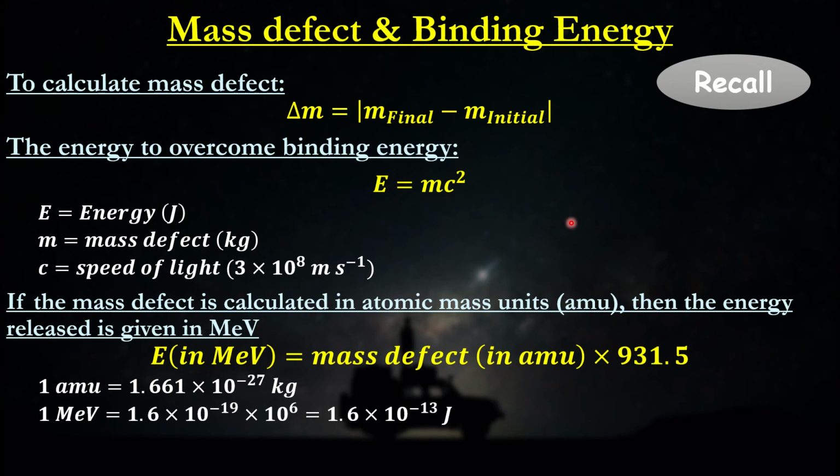We talked about some formulas to calculate mass defect. The mass defect is the final minus the initial. You can do it in absolute values because mass is a scalar quantity, so it should only have a positive value.